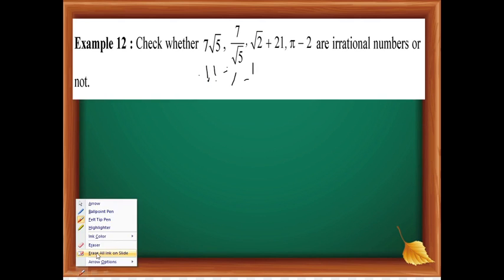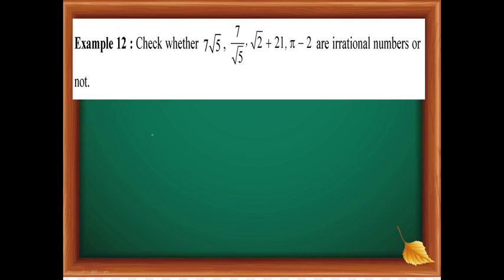Okay. So our theory part of 1.5 is here. Check whether 7 root 5, 7 by root 5, root 2 plus 21, pi minus 2 are rational numbers or not. We should check this. So what we should do first, 7 root 5 is an irrational number.